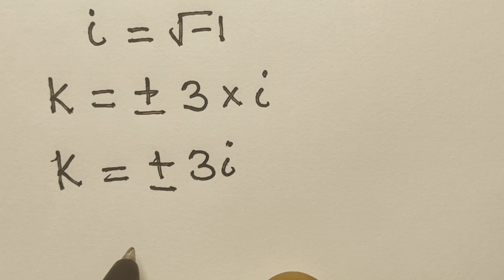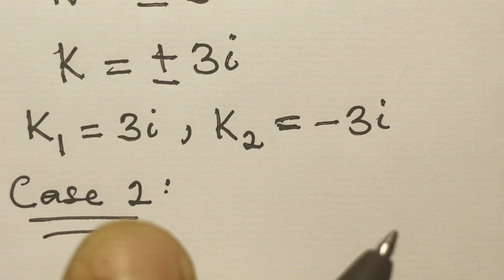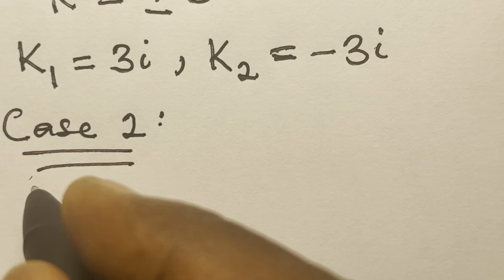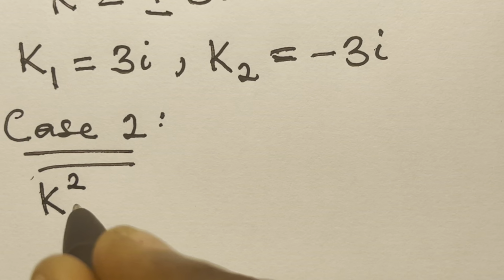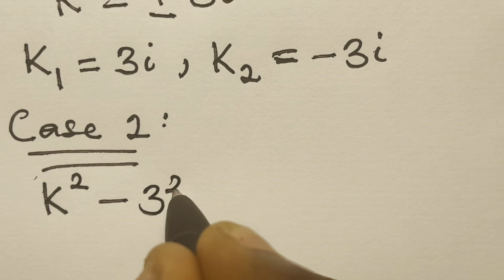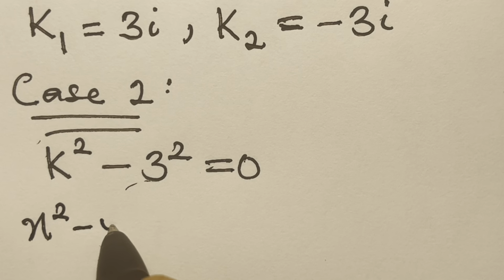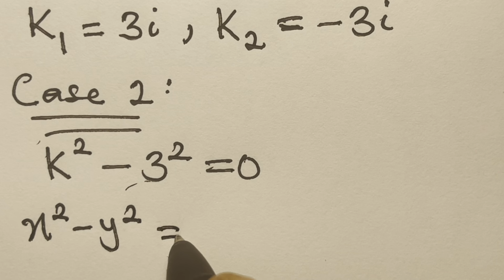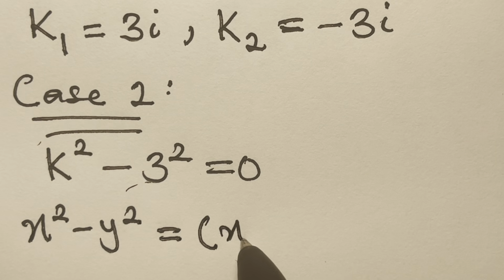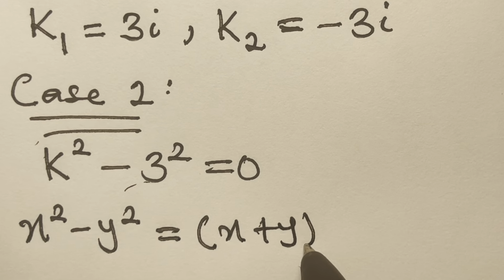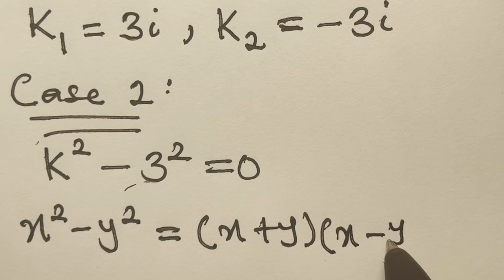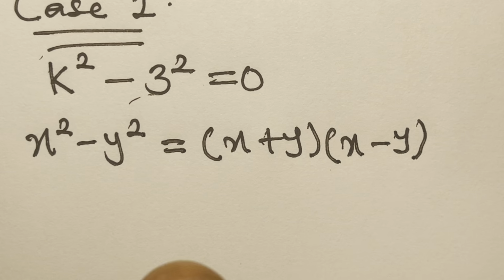So let's move further with case 2. What does case 2 say? It says k square minus 3 square equals 0. Also, you observe this is a what? This is a difference of 2 square, and if you have x square minus y square, this equals x plus y, x minus y, right?